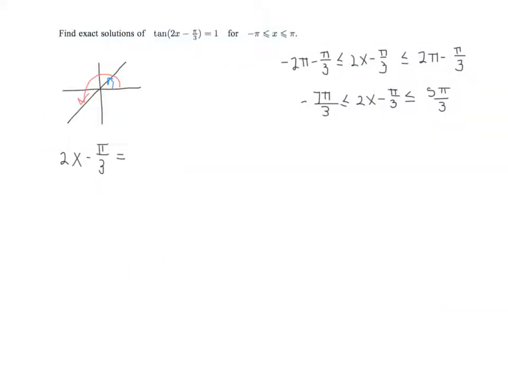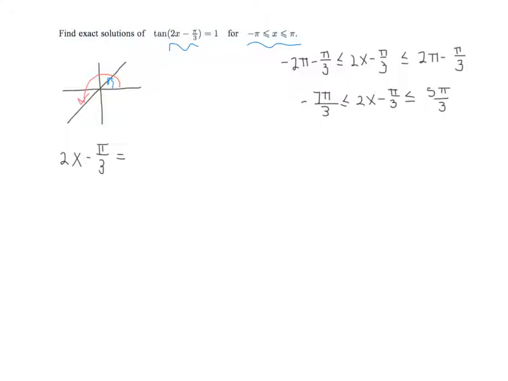Find exact solutions of tangent of 2x minus pi over 3 is equal to 1 on the domain that goes from negative pi to positive pi. You notice in here that the tangent of an angle has become 2x minus pi over 3.